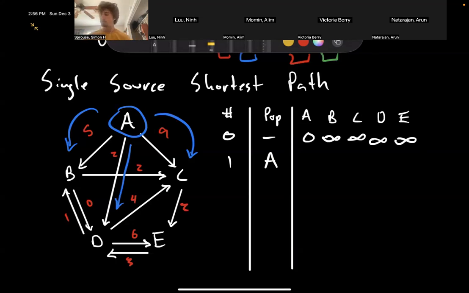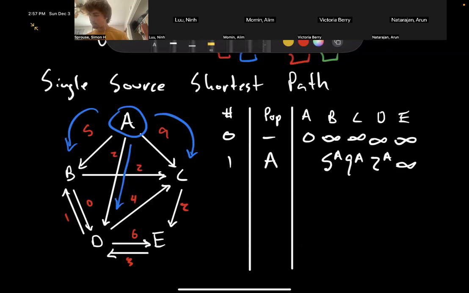That's when we update the queue. So A can discover B with a cost of 5, which I'm going to formalize like this. A can discover C with a cost of 9, and it can discover D with a cost of 2, I think I said. Okay, and then E is still undiscovered.